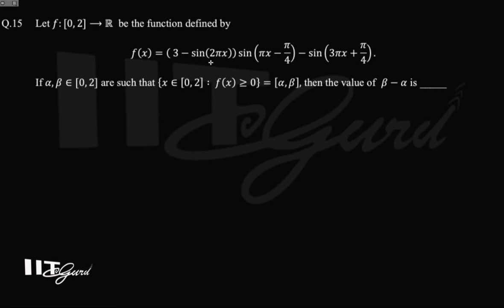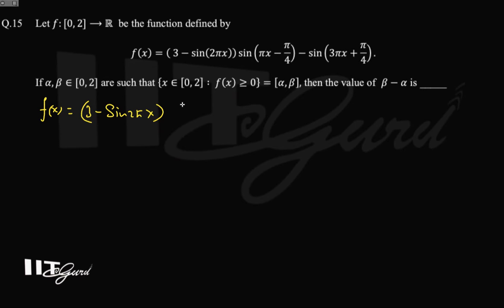So we must simplify this f(x). You can consider this pi x as theta, or directly evaluate it. Let me write f(x) equal to first bracket 3 minus sine 2 pi x.